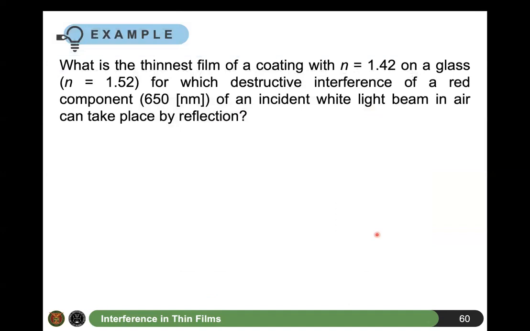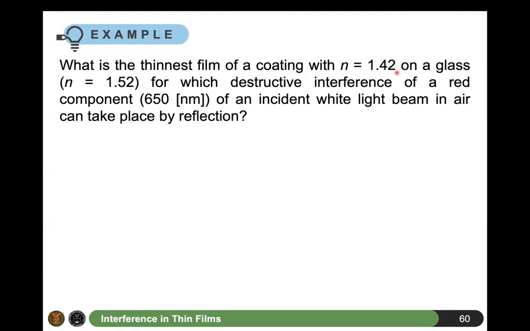What is the thinnest film of a coating with this index of refraction on a glass, for which destructive interference of the red component can take place by reflection? Okay. So again, reading comprehension. The coating has an index of refraction of 1.42.